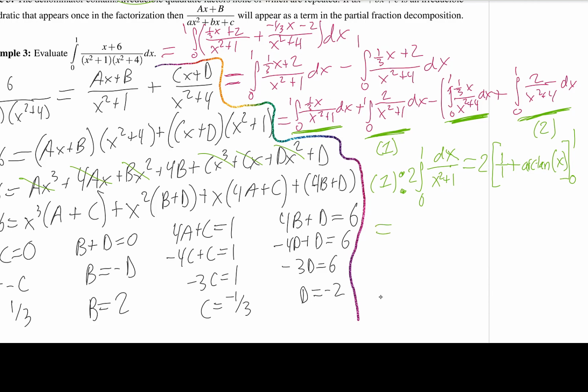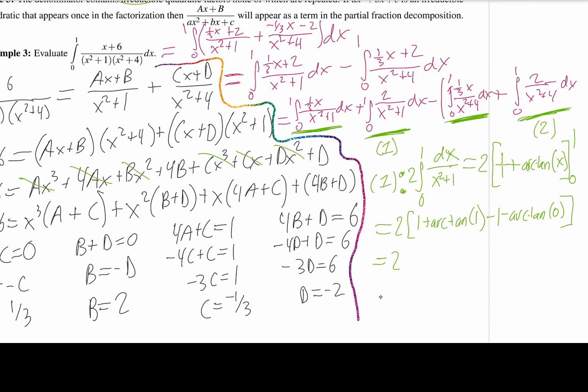And remember that arctan, so we're going to have 2 times 1 plus arctan 1 minus 1 minus arctan 0.